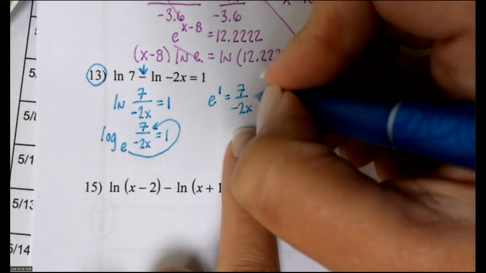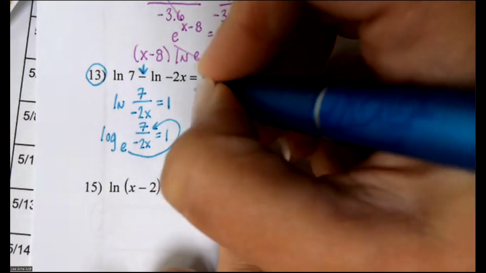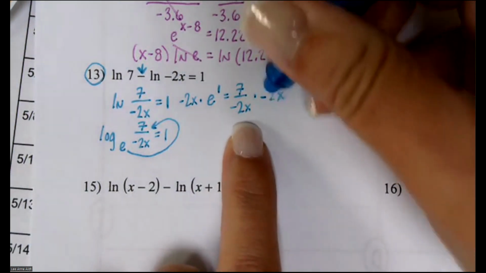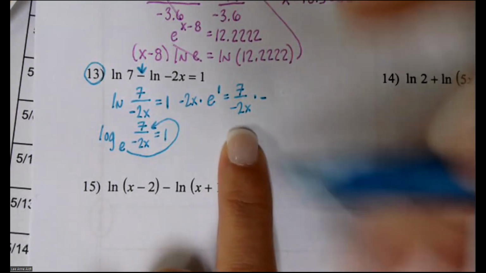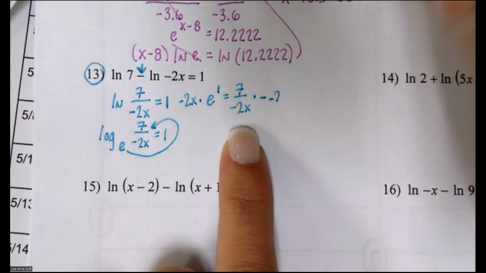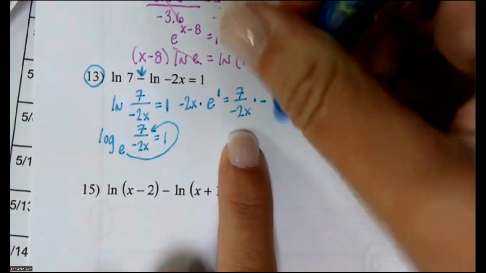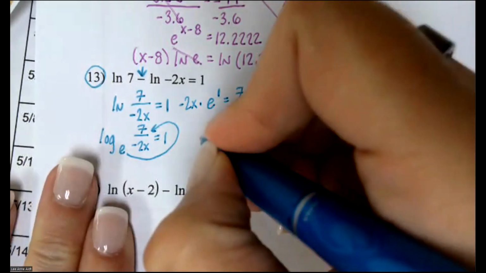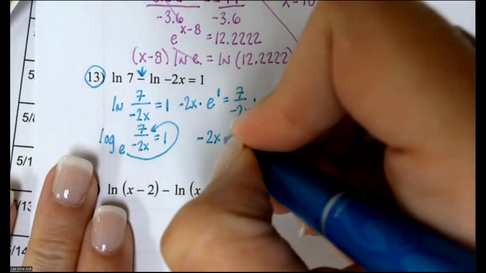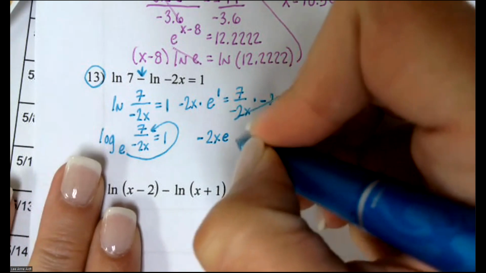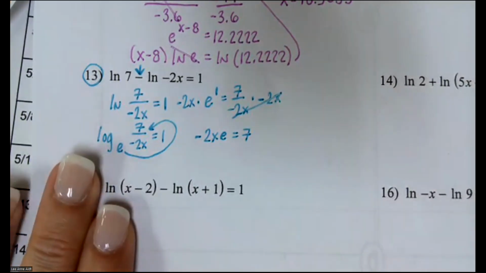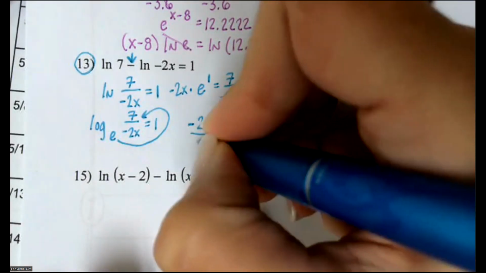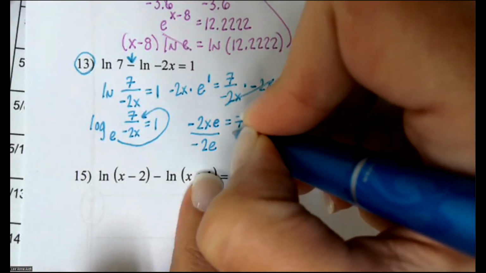Okay, now I'm going to multiply both sides by negative 2x to get rid of the denominator. So I have negative 2x e equals 7. And then I want to get x by itself, so I'm going to divide both sides by negative 2e.